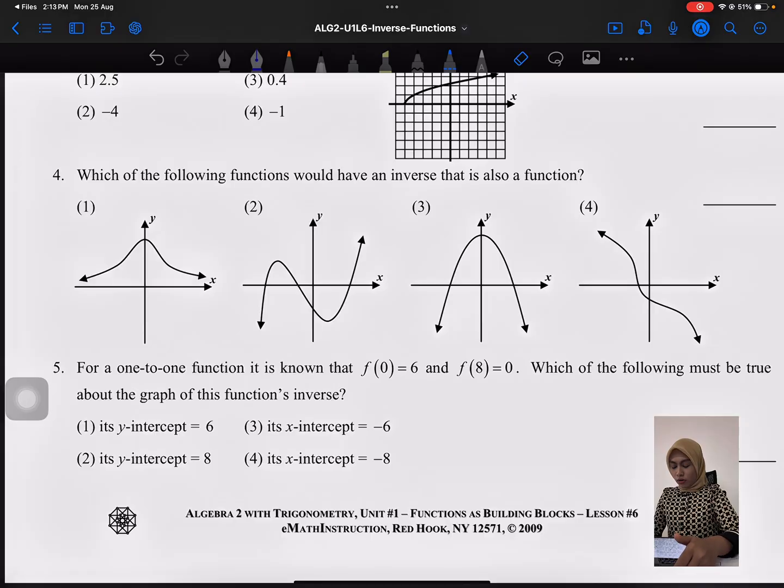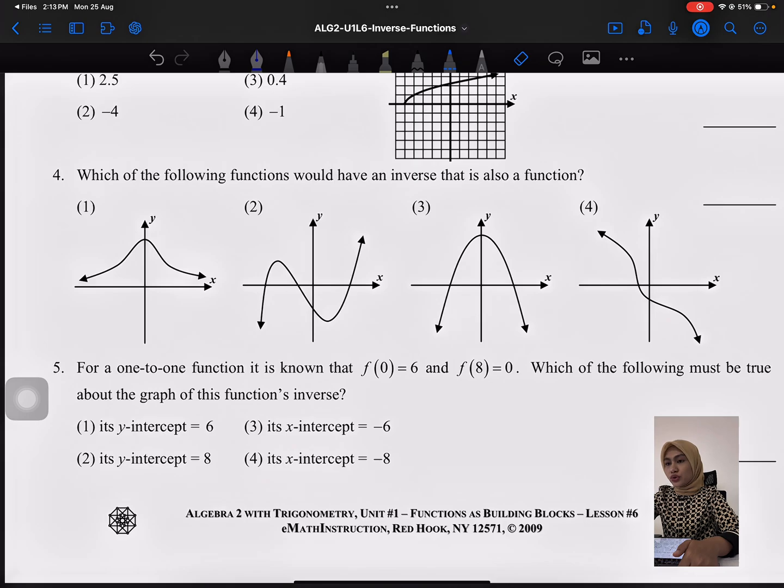For number 4, which of the following will have an inverse that is also a function? You need to remember, a function will have an inverse that is also a function if it passes the horizontal line test. That means every horizontal line must touch the graph at most once.